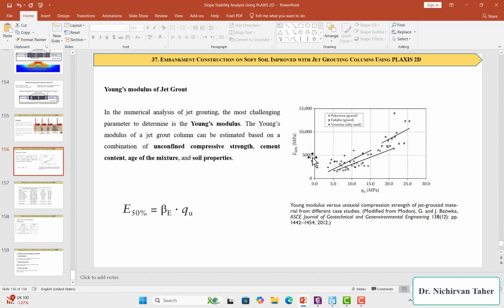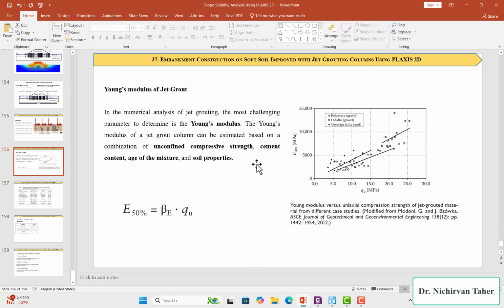We can find the modulus of elasticity in the laboratory by taking a sample of jet grout material and testing it under uniaxial compression, and also find the modulus of elasticity.